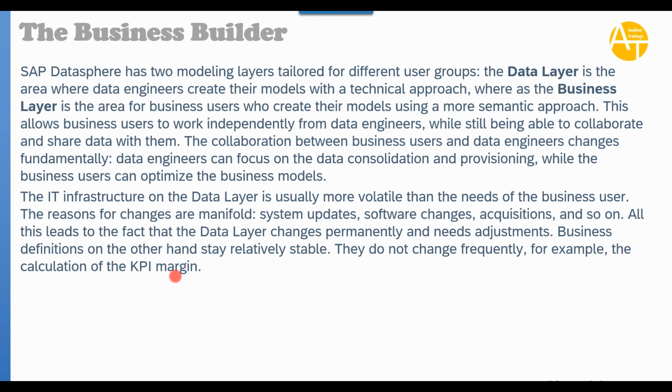The business layer remains pretty stable over a period of time. Even though your underlying data layer changes with a significant number of changes, your business consumption layer will not be impacted, because the business layer provides that abstraction between your data layer and the consumer. So that is the benefit of using the business layer.